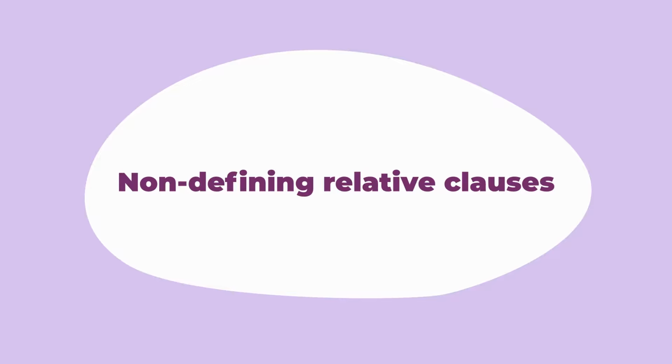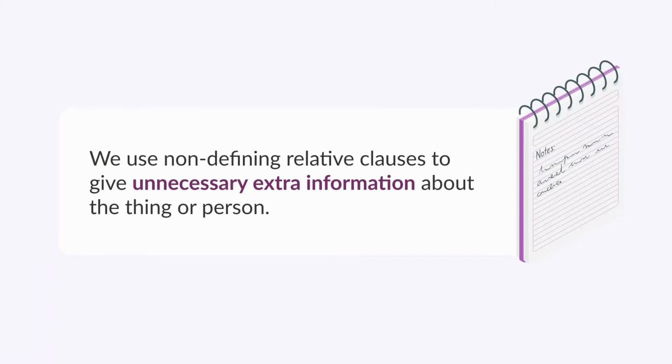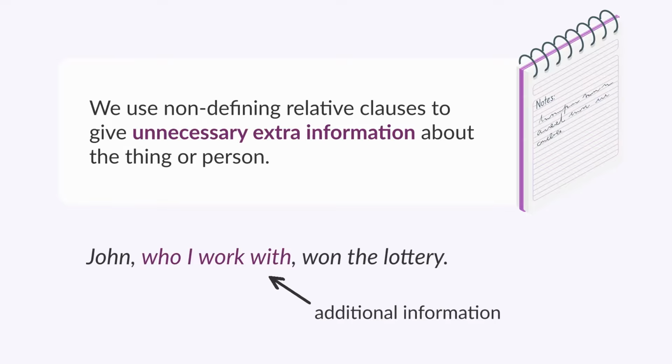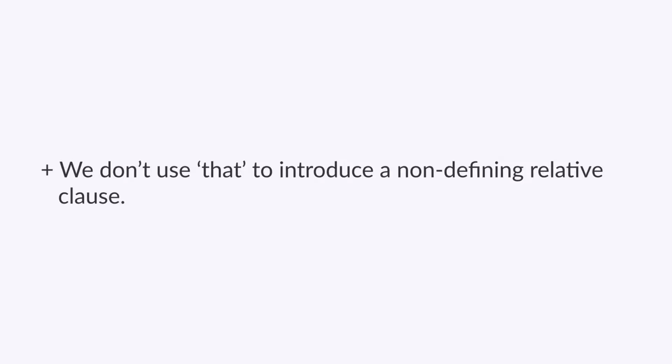Non-defining relative clauses. We use non-defining relative clauses to give unnecessary extra information about the thing or person. For example, John, who I work with, won the lottery. In this sentence, the information who I work with isn't necessary, but it is additional information. Please note, we don't use that to introduce a non-defining relative clause.